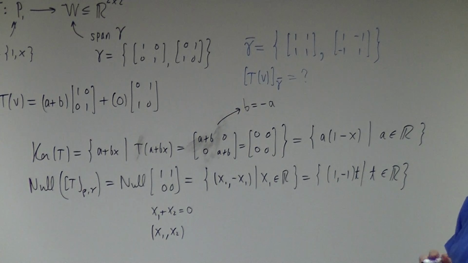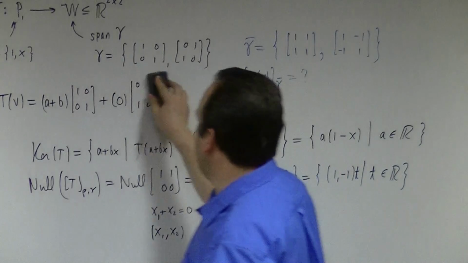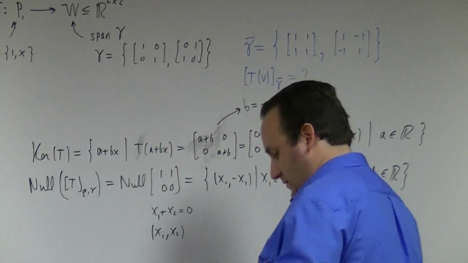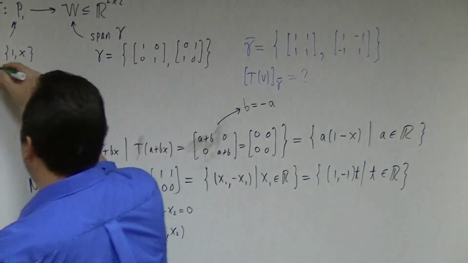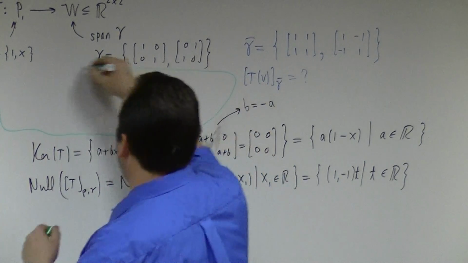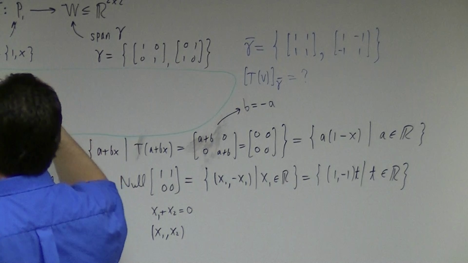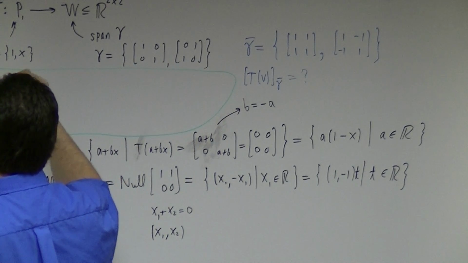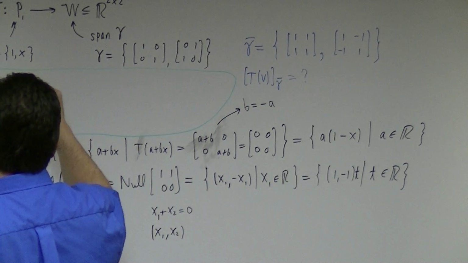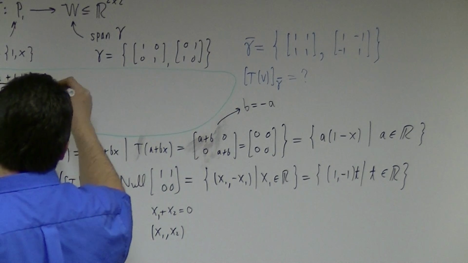Now it's not immediately obvious, right? We're going to have to do some work, if you'll allow me to erase this bit right here and work in this bubble. So to solve the coordinate question, what I'm looking for is A plus B, 0, 0, A plus B equal to what?